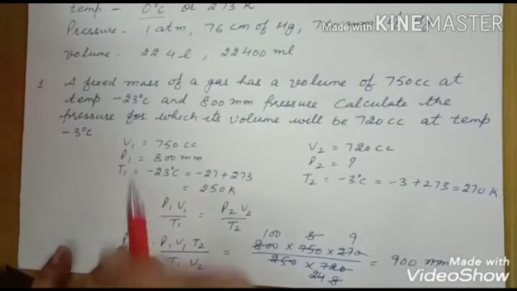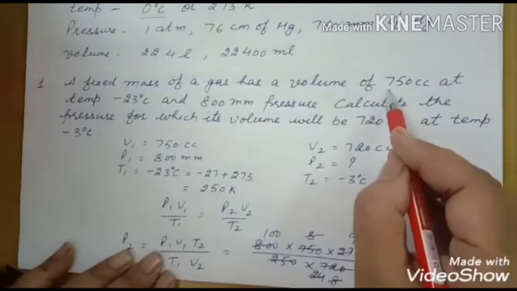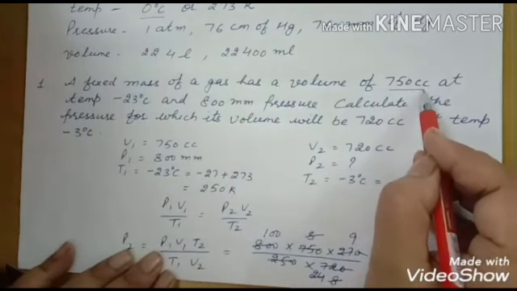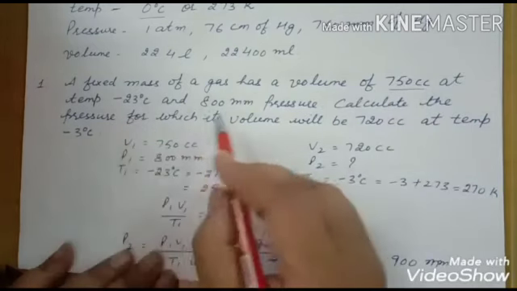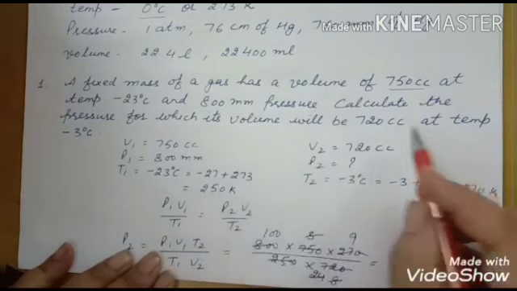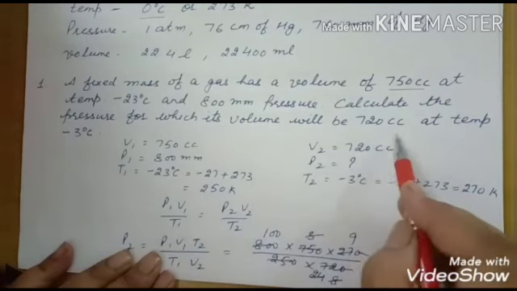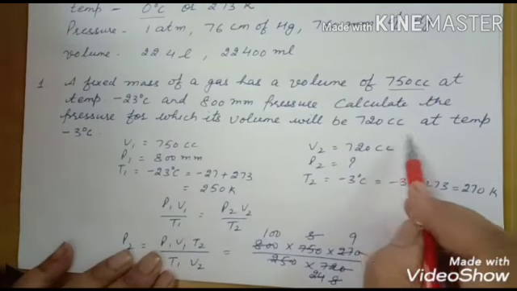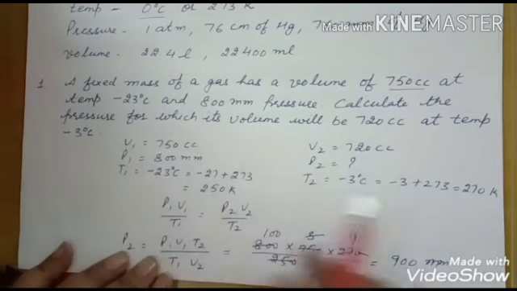For the first numerical, a fixed mass of gas has a volume of 750 centimeter cube at temperature minus 23 degrees Celsius and 800 mm pressure. Calculate the pressure for which its volume will be 720 centimeter cube and at temperature minus 3 degree Celsius.